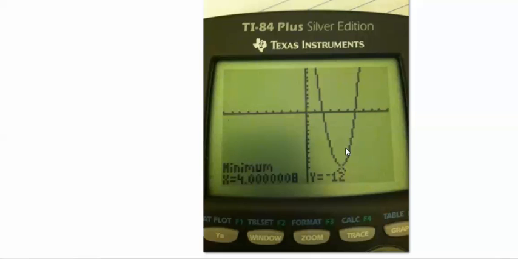So from 4 to 6, negative and going up means it's slowing down. And then from 6 on to infinity, it's going positive and speeding up again. So I did it graphically, and that's what I got.